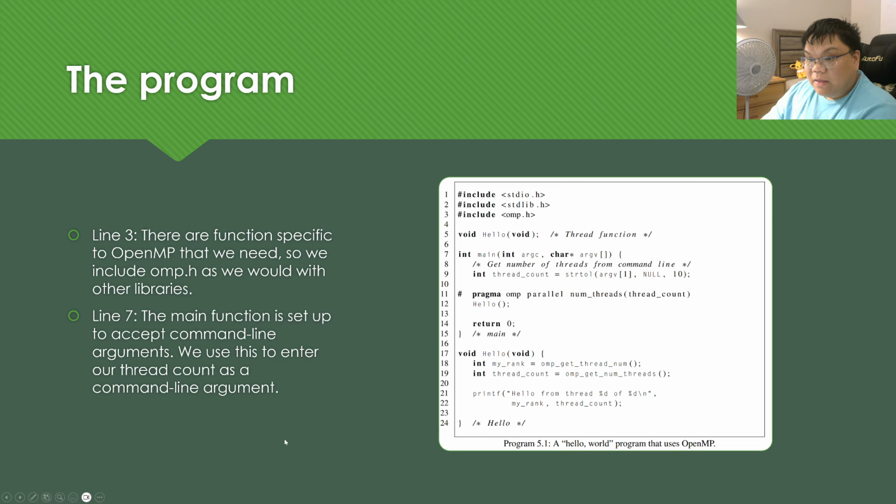So, line 7 is going to mirror, as I said, the code for the pthreads programs that we've been writing. Basically, it's set up so that when you run this program, it'll accept command line arguments that we can just pass in and then parse as arguments for the program that you work with.